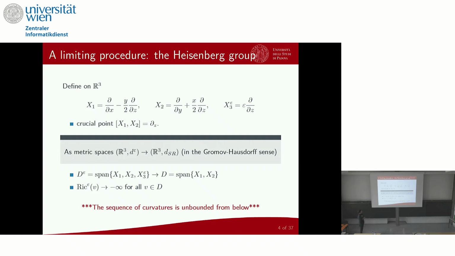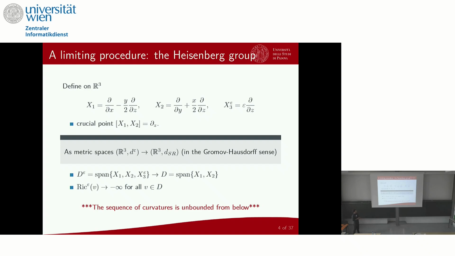So in some sense, at the limit, you only have a distribution, or horizontal space, in the sense of Andrea Monti's talk. But what is interesting is that the Ricci curvature of this family of Riemannian manifolds is not uniformly bounded. So the Ricci is going to minus infinity in the horizontal directions.